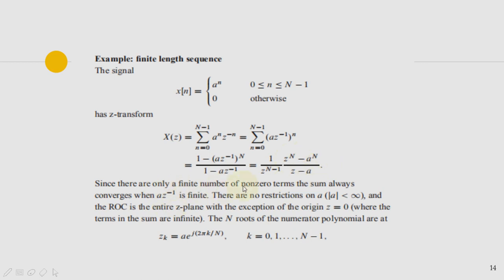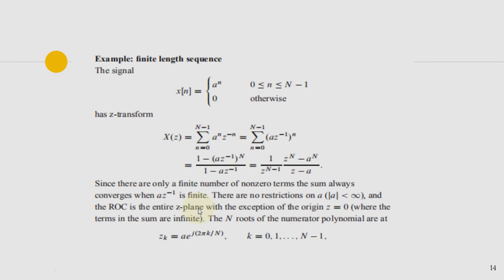In this, there are only a finite number of non-zero terms, so the sum always converges when a into z raised to minus 1 is finite. So there are no restrictions on mod of a, and the ROC is the entire plane except z equal to 0, that is, the origin.